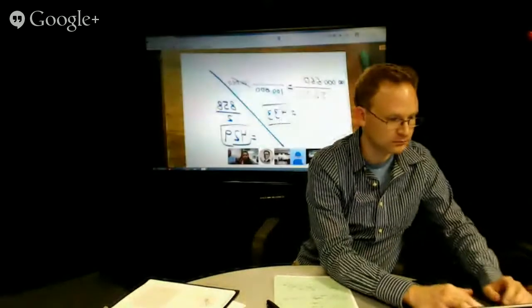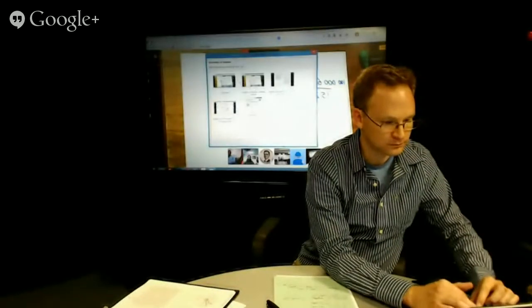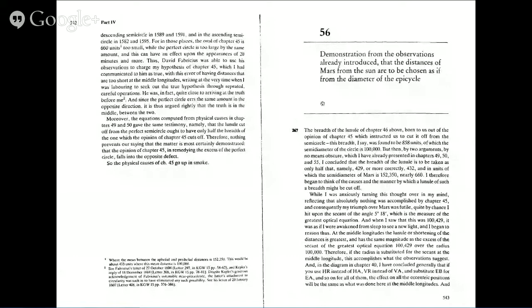The breadth of the lunule of chapter 46 above, born to us out of the opinion of chapter 45, which instructed us to cut it off from the semicircle, this breadth, I say, was found to be 858 units, of which the semi-diameter of the circle is 100,000.